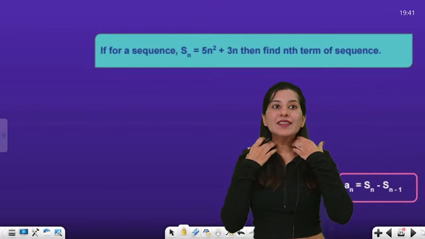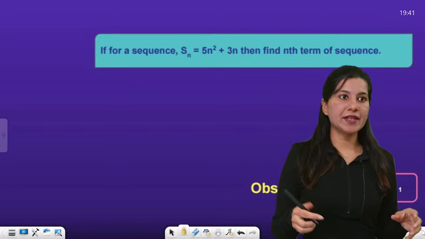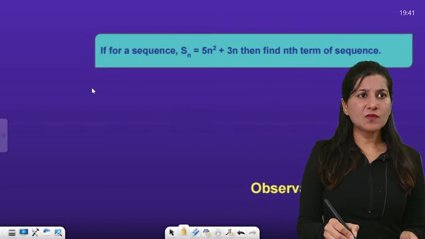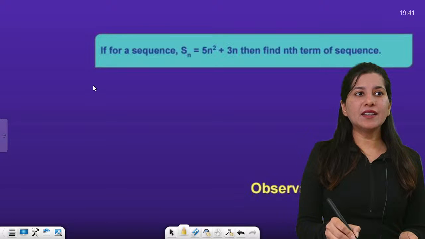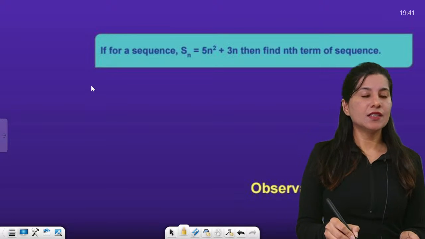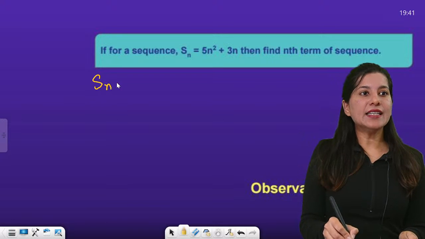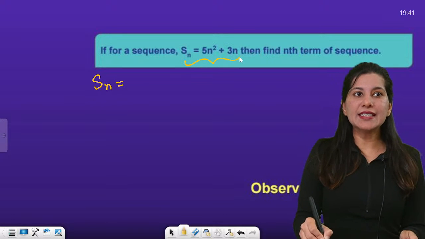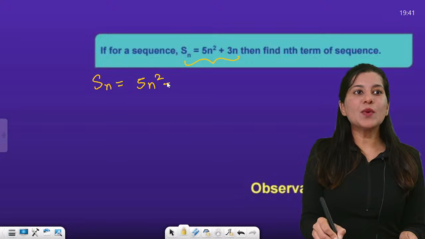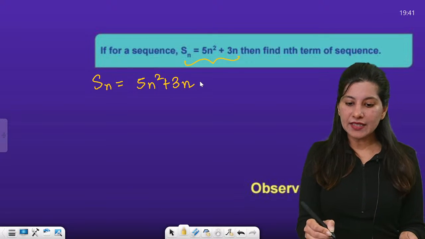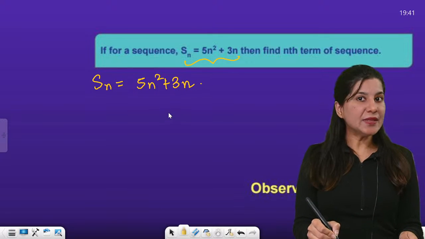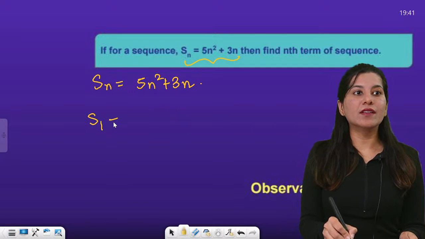Now there is one thing I would like to tell you, which is very simple. If I tell you that Sn is equal to 5n square plus 3n, so tell me what is S1?